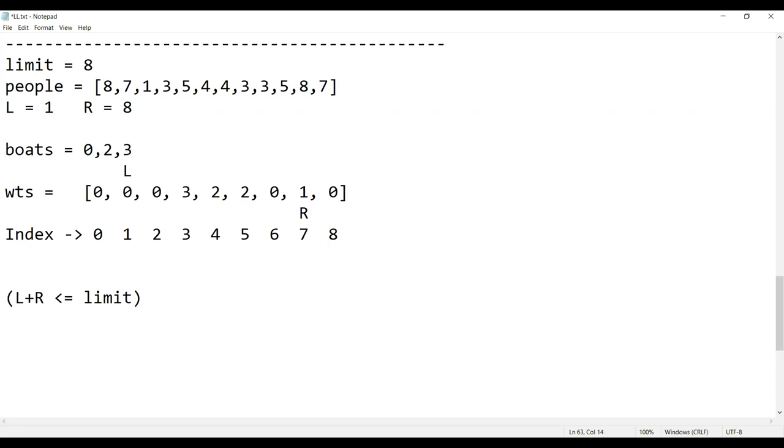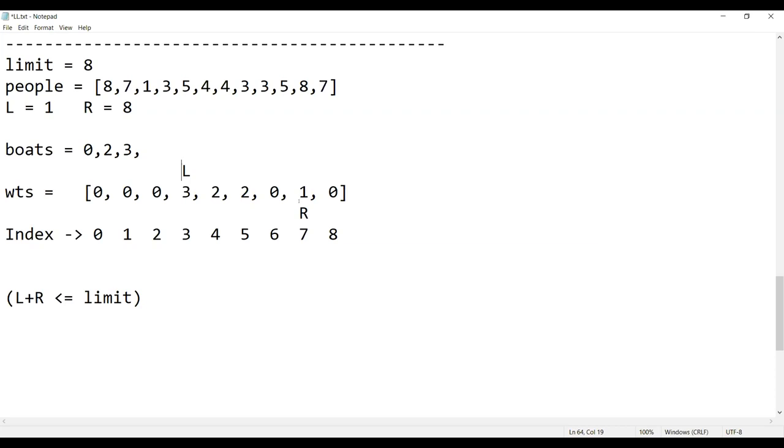So I make this a 3, and then I keep on shifting the L till there are no zeros over here, until I reach some value. Now when I come to L and compare with R, I see again that this time L's value is greater than the R value.